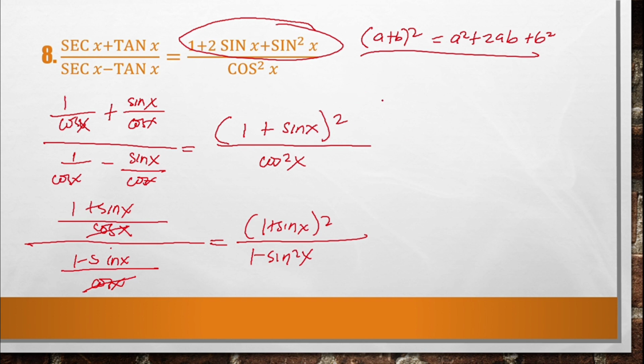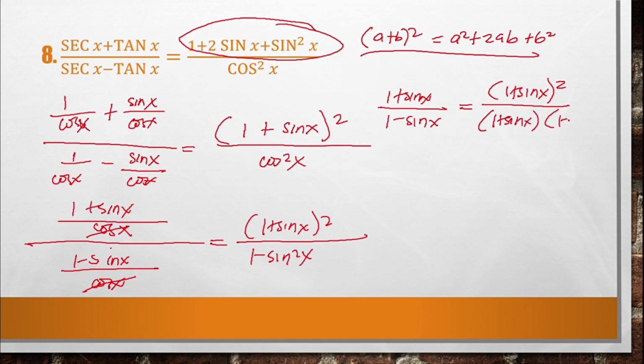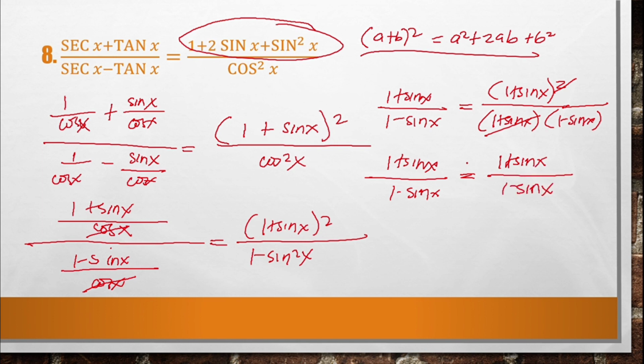So we copy here 1 plus sine x over 1 minus sine x equals 1 plus sine x quantity squared over, this is factorable, 1 plus sine x and 1 minus sine x. So we cancel this part, 1 here. Therefore 1 plus sine x over 1 minus sine x is equal to 1 plus sine x over 1 minus sine x. So proven.